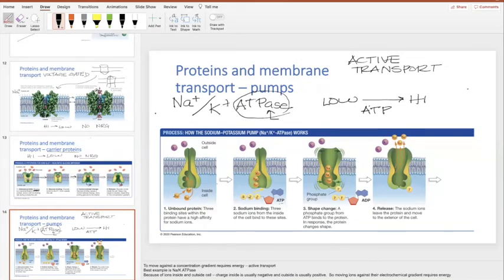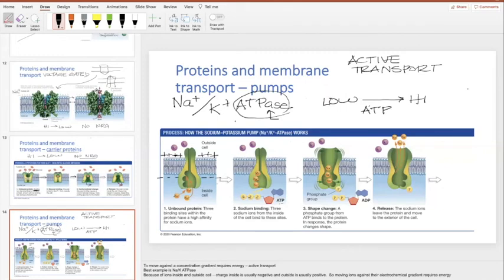Let's take a look at what happens here. So remember how I told you that in a normal circumstance, the outside of the cell is positive because there's a lot of positive ions on the outside of the cell, and the inside of the cell is negative, okay?